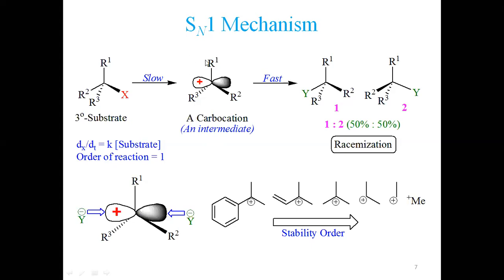But here in SN1, we get a formation of an intermediate. This is the difference. Thirdly, stereochemically, it generates two enantiomers in equal ratio, which is commonly called racemization.